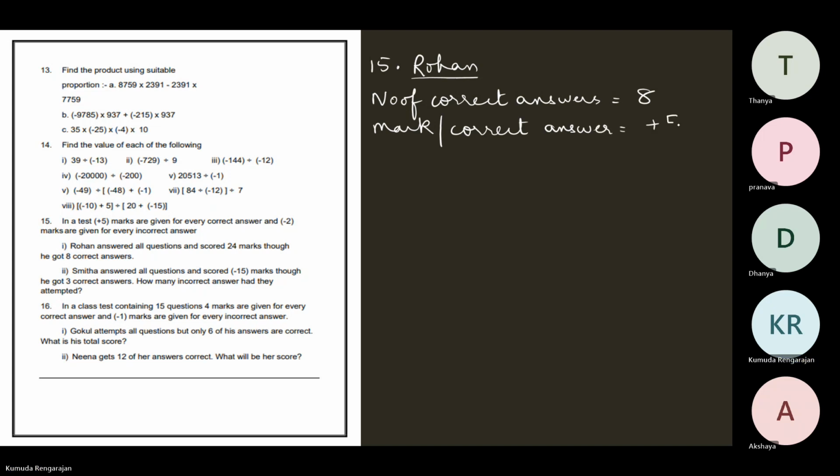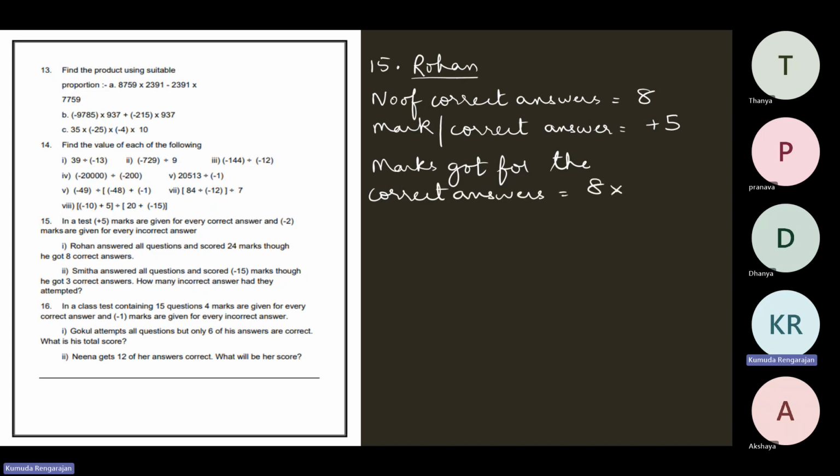Plus 5. So how many marks does he score for answering 8 questions correctly? Marks obtained for the correct answers is equal to 8 into plus 5. So it's 40.